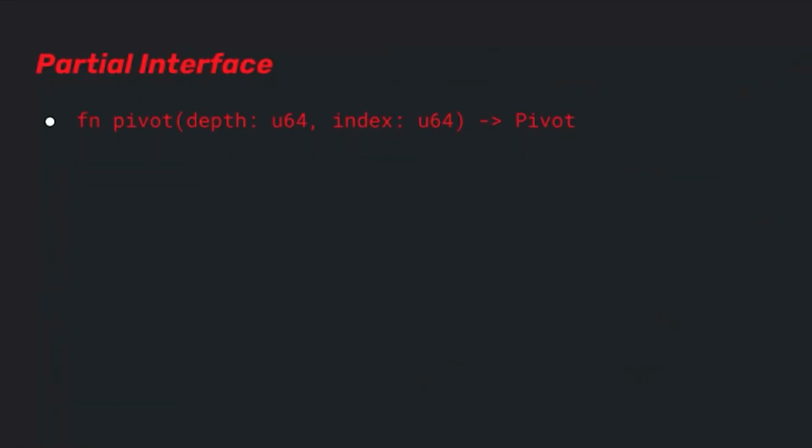Wonderful. So we're going to define two functions here. Pivot accepts a depth and an index and gives you a pivot point. When we talk about bisection, these pivot points are the choices at which you can decide to go left or right. If I have a 100 instruction long trace, the first pivot point I supply is at instruction number 50.